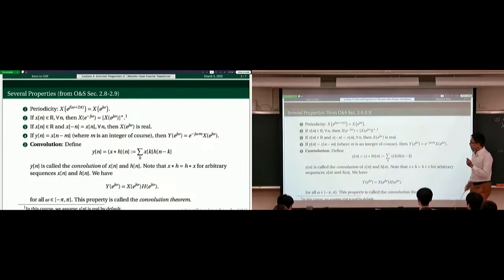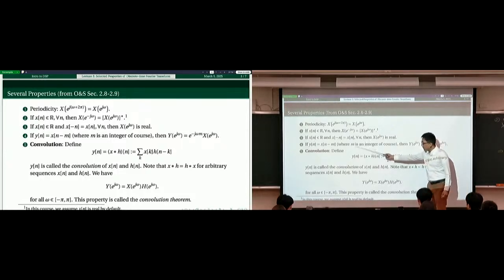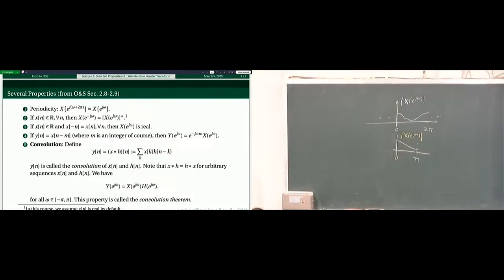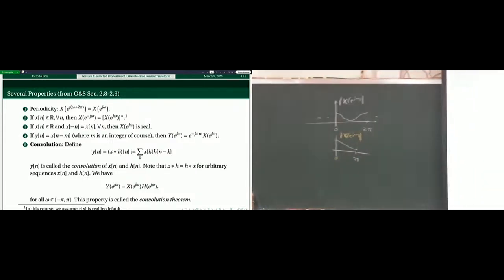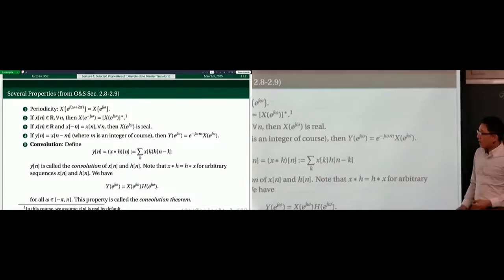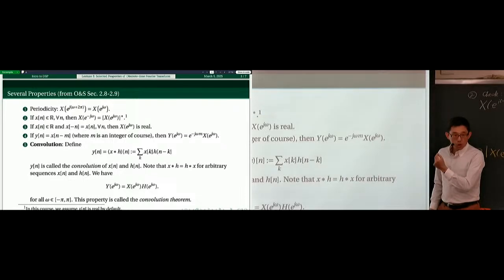Let me be clear that here m is a fixed number, n is an index. n is the index 1, 2, 3, 4, 5. And m is a fixed integer. Could be positive, could be negative. But m is a fixed integer, right?